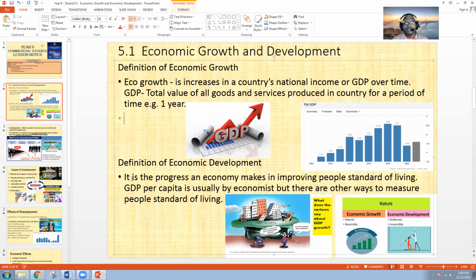This can be measured by dividing the total GDP by the population, which gives us GDP per capita. That's the measurement economists use. There are other measurements, but this is one of the ones that has been used.